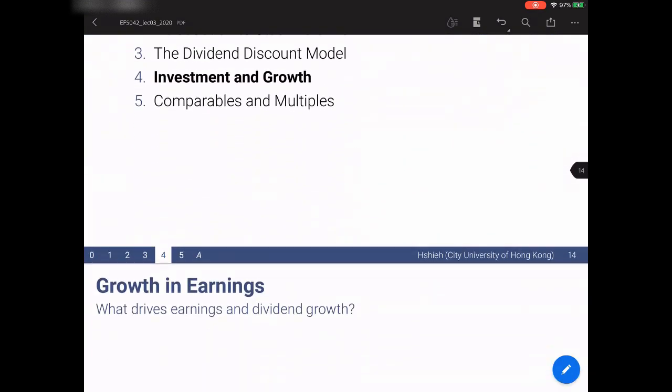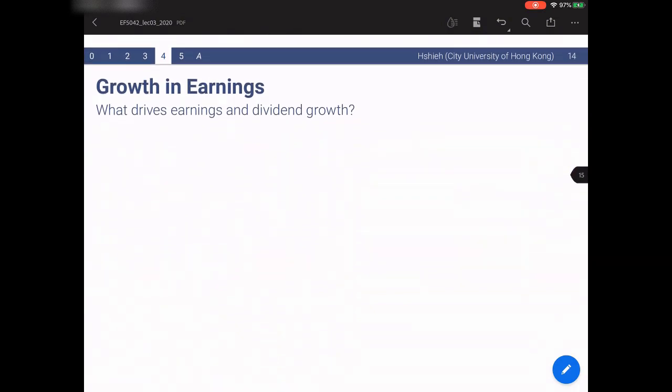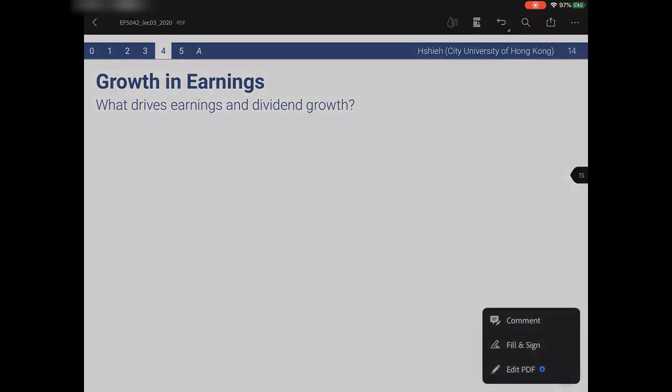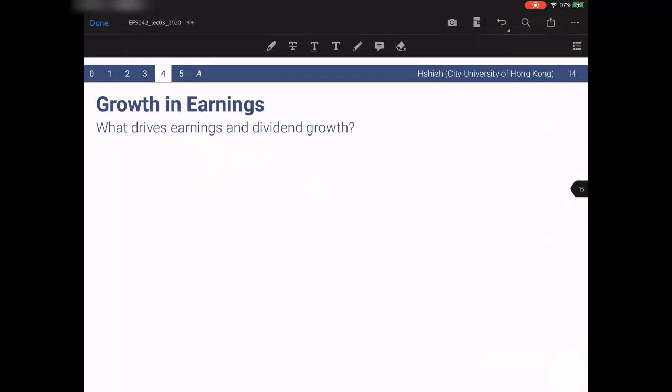All right, so this is our discussion of trying to incorporate investments and earnings into dividends. What you should be realizing is that earnings, investments, and dividends are actually part of the same picture. In fact, we can decompose earnings into two parts. Remember, earnings is just net income.